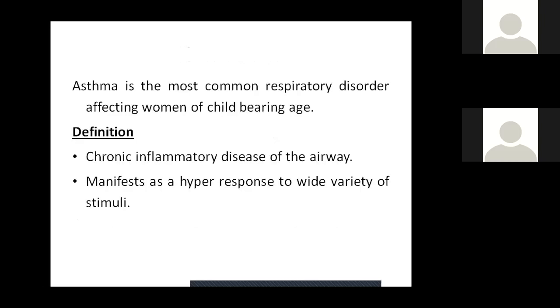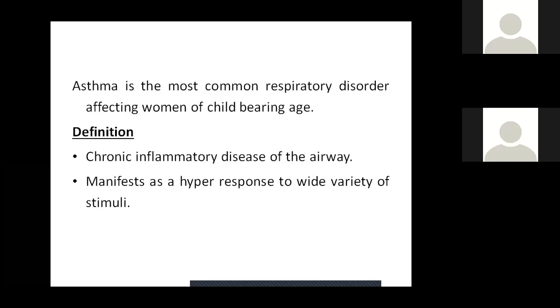Now, the second disorder is asthma in pregnancy. Asthma is a common respiratory disorder affecting women of childbearing age. It is a chronic inflammatory disease of the airway, and it manifests as a hyper response to a wide variety of stimuli.